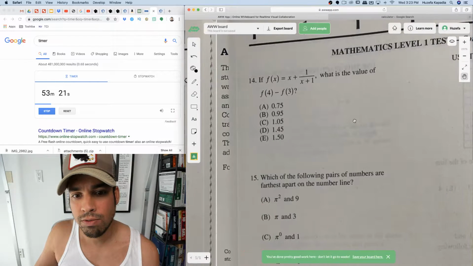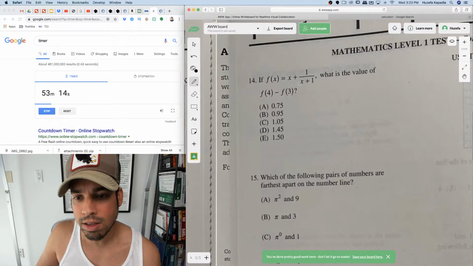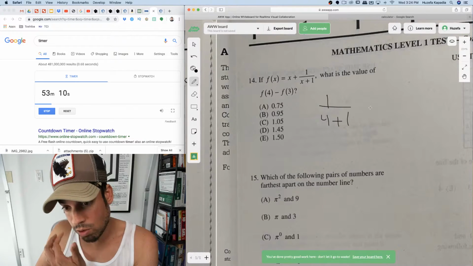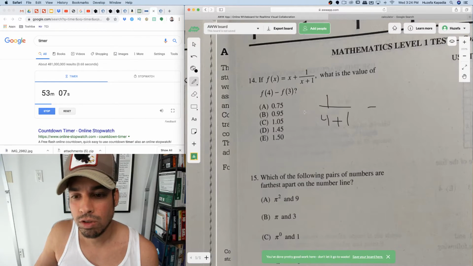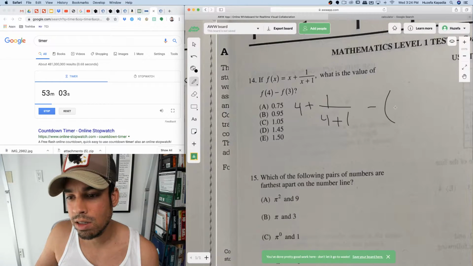Number 14. If f of x equals blank, what is the value of this? We're just literally plugging in 4 for x and then 3 for x and subtracting. So first it's 4 plus 1 over 4 plus 1, minus 3 plus 1 over 3 plus 1.